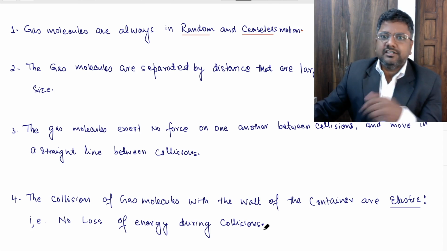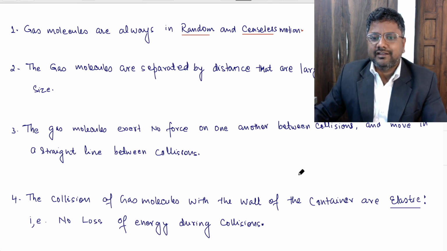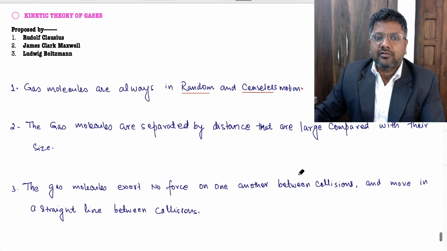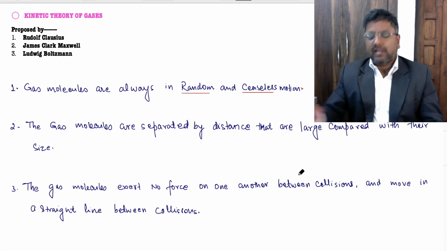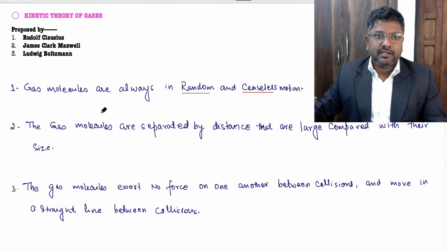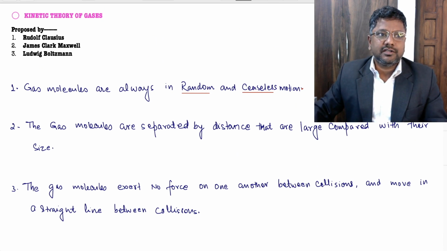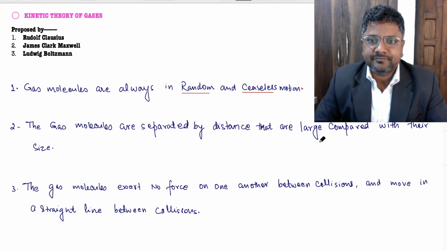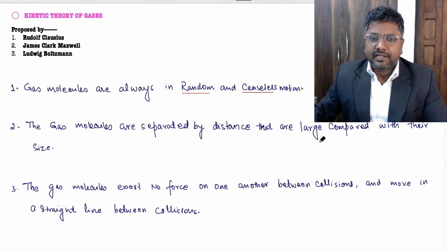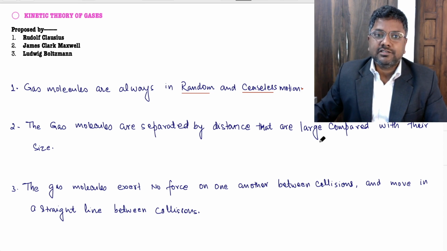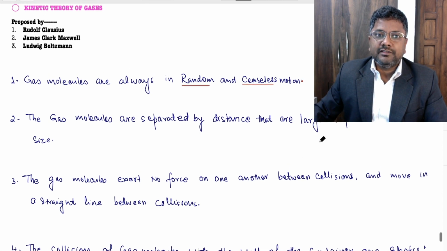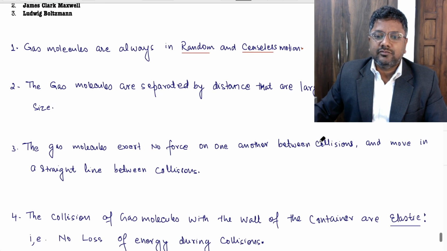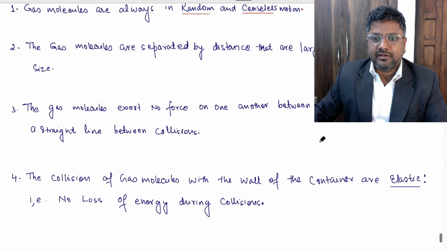On the basis of these assumptions, we can derive the formula for the pressure of the gas, and we can link that formula with the equation of state, which summarizes the properties of gases at relatively low pressure, right? With this, we can find and derive the formula for the pressure of a gas.